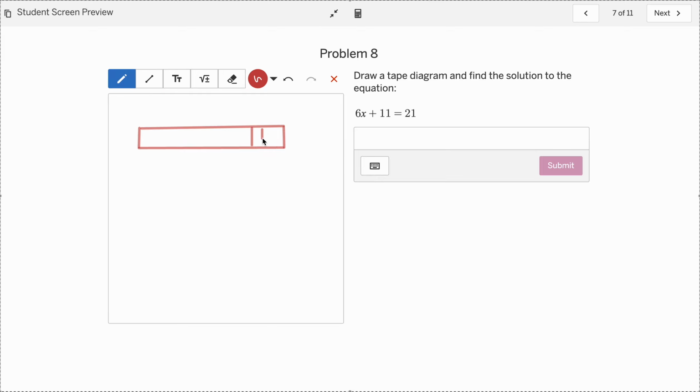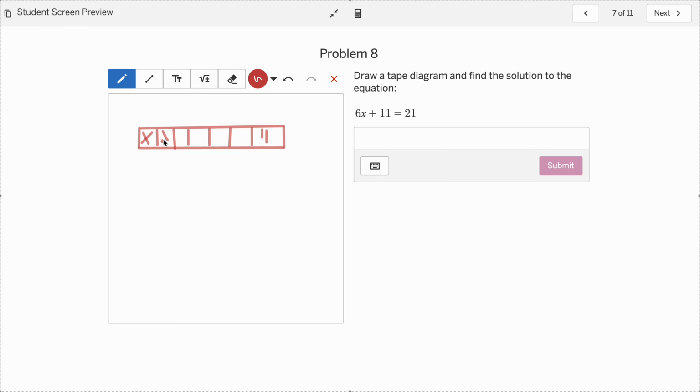So it's going to look like this, and then you're going to have 1, 2, 3, 4, 5. So that should be 1, 2, 3, 4, 5, 6.